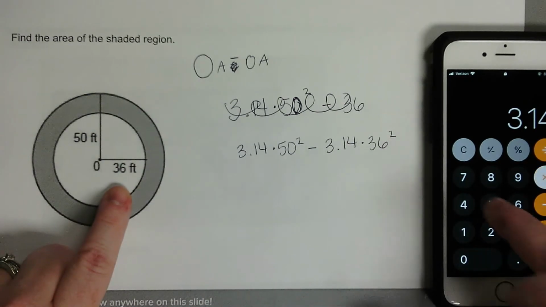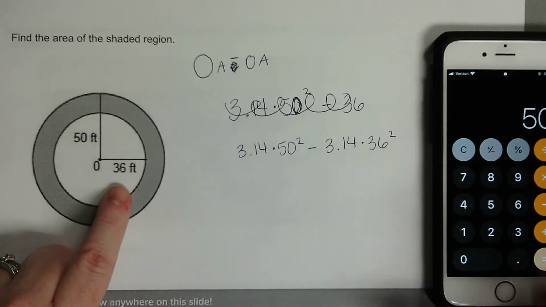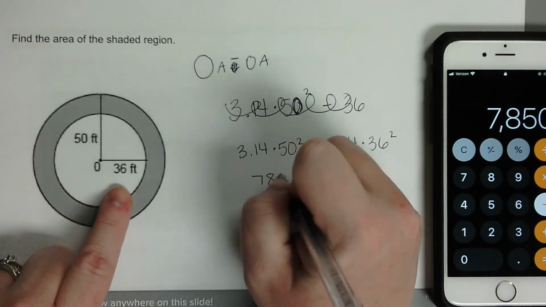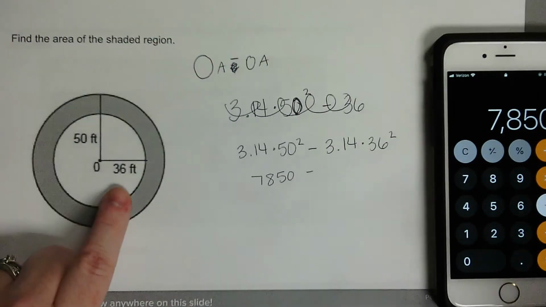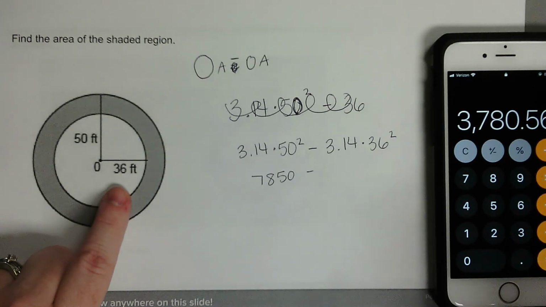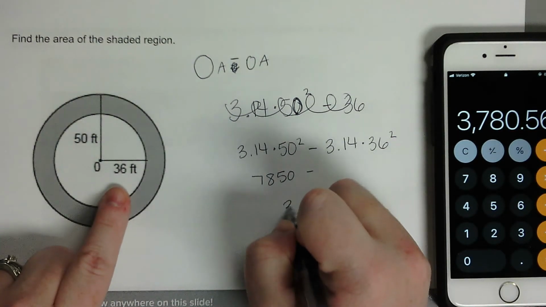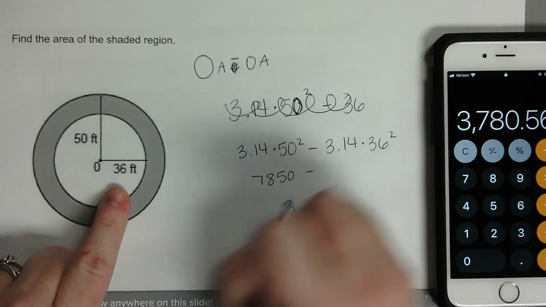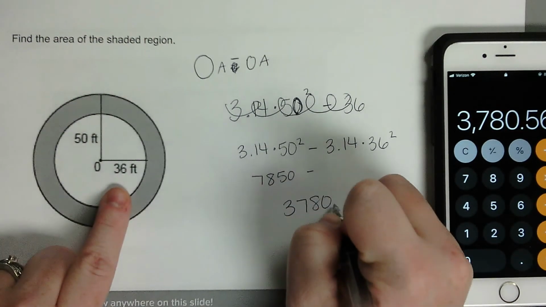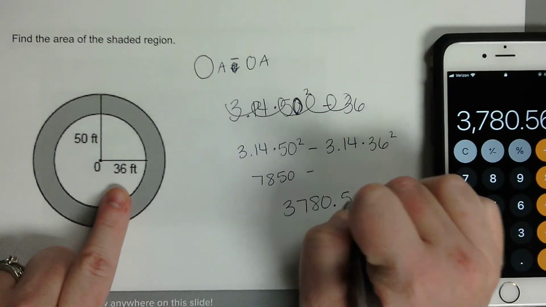3.14 times 50 equals, and then we're going to do minus. I'm going to write this down just so we can double check it. 14 times 36 times 36. Saying our grand total is supposed to be 30,780 and 56 hundredths.